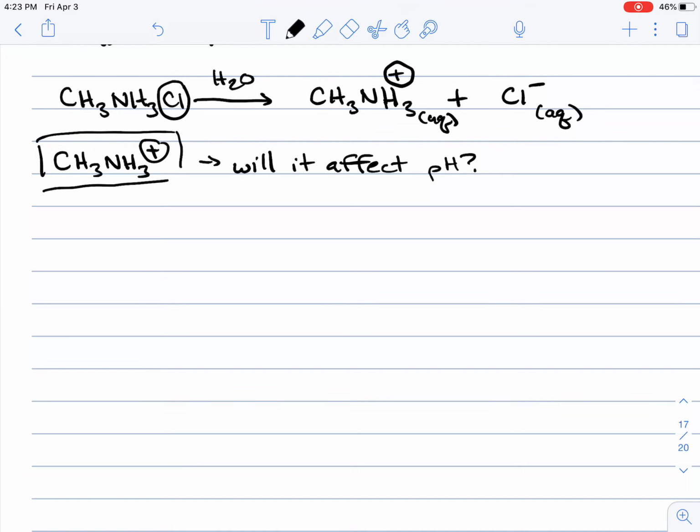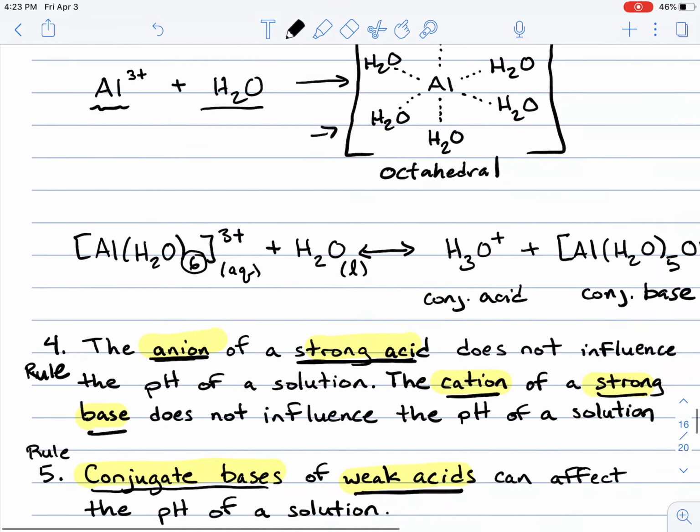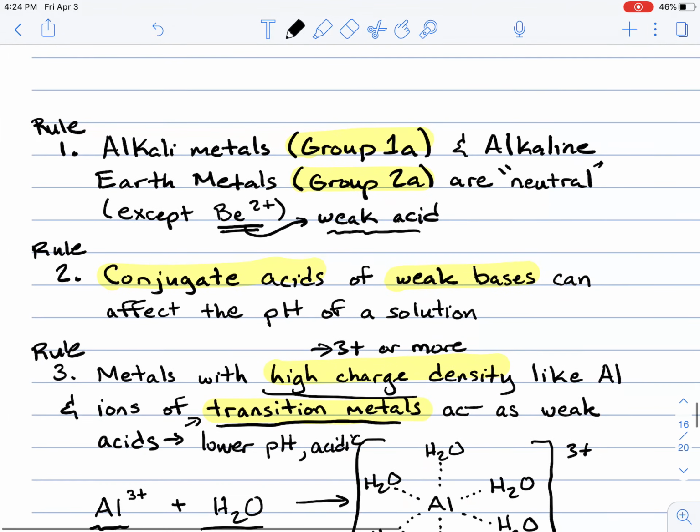And so we're going to scroll up, and we're going to look at our rules. And so remember, the ion that we're looking for is CH3NH3. And so here is CH3NH3. Is it a group 1A or group 2A metal? If you answered no, then that's correct.